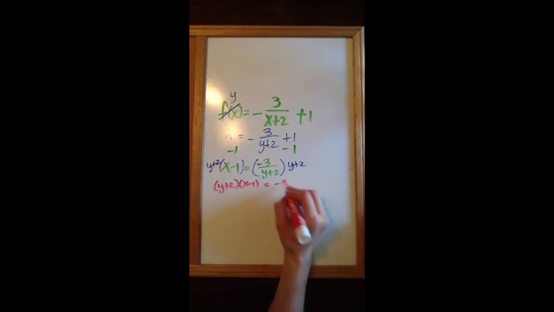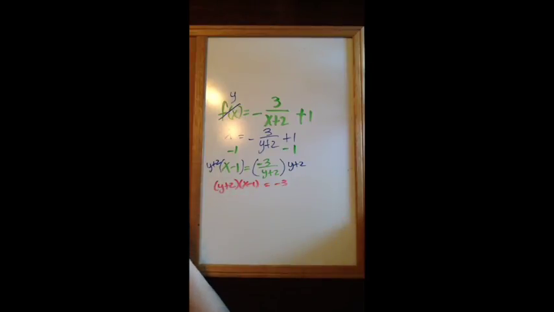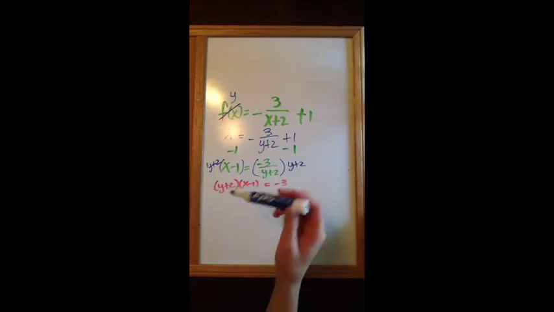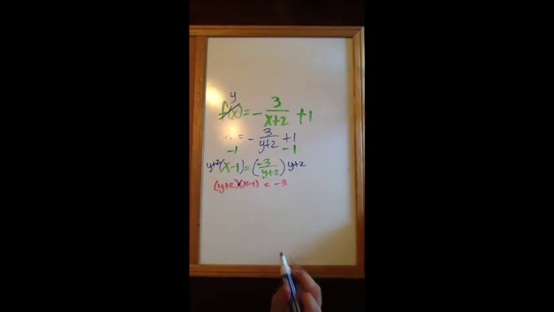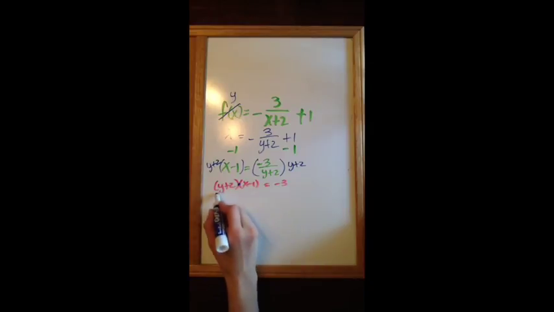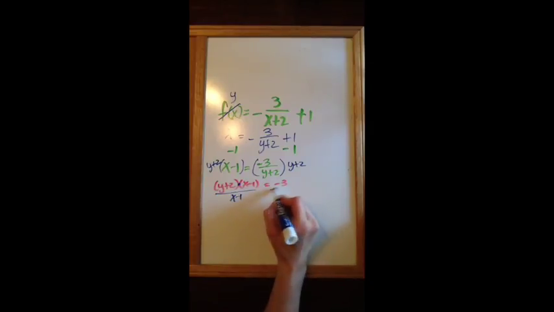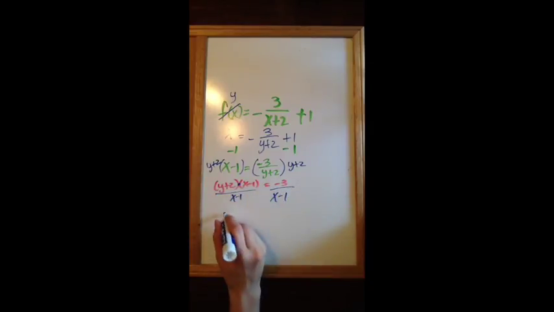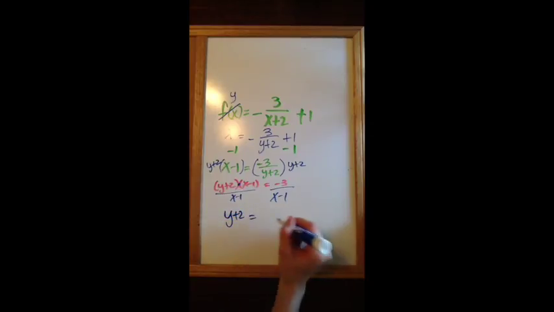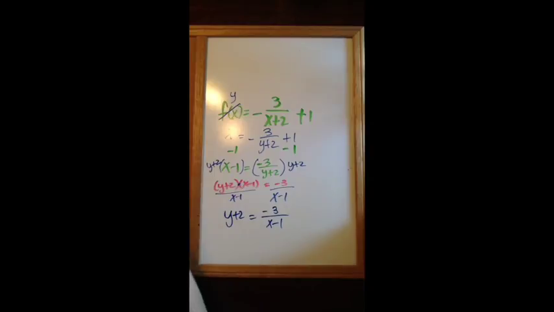Equals negative 3. Okay. So I'm trying to get the y by itself, so I want to get rid of multiplying by the x minus 1 that's right there. So I'm going to divide by x minus 1. So I have y plus 2 equals negative 3 over x minus 1.